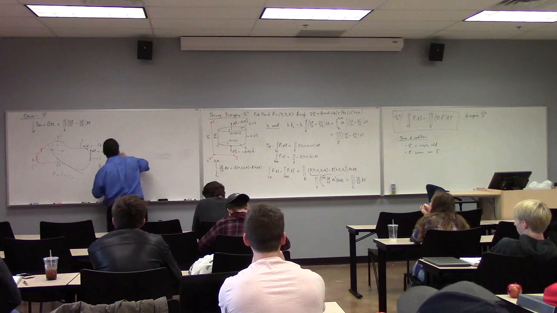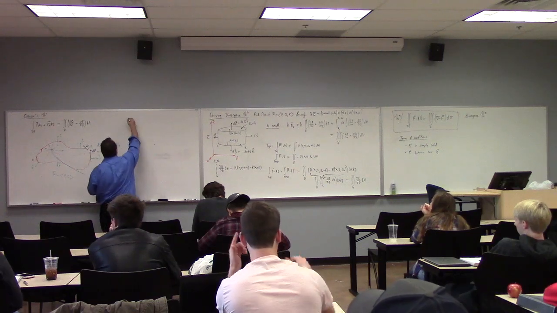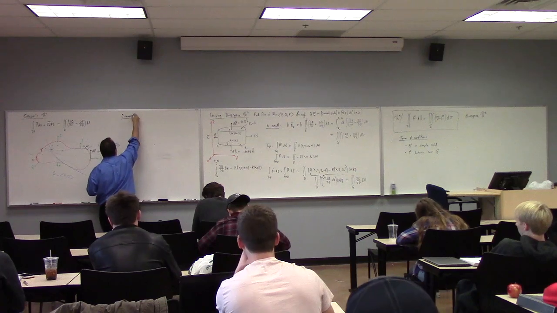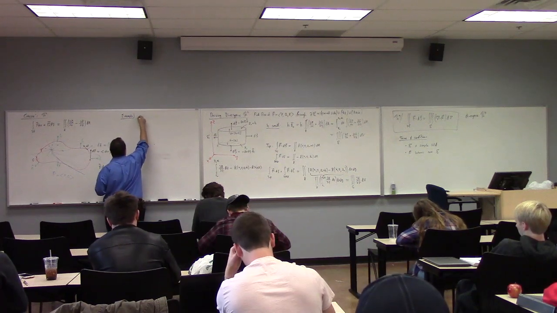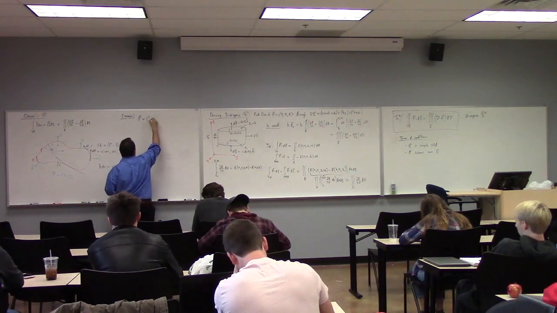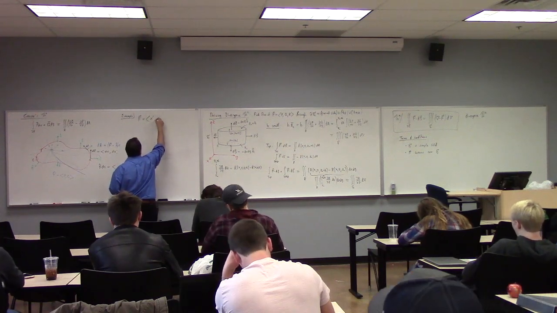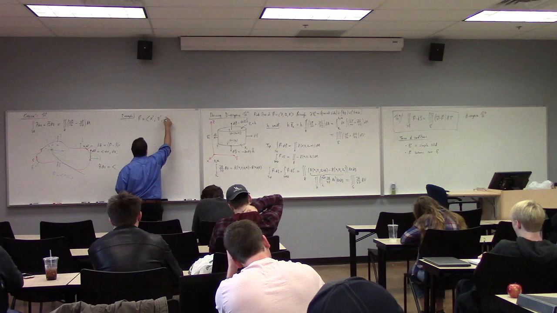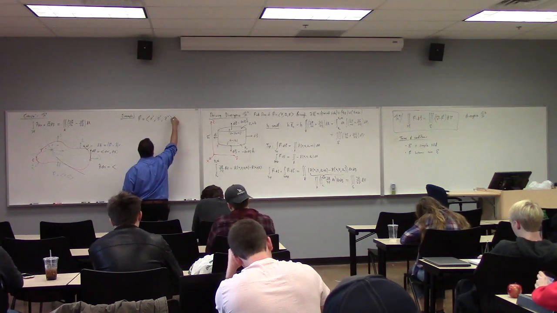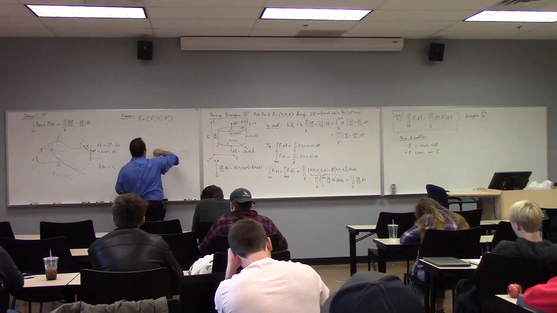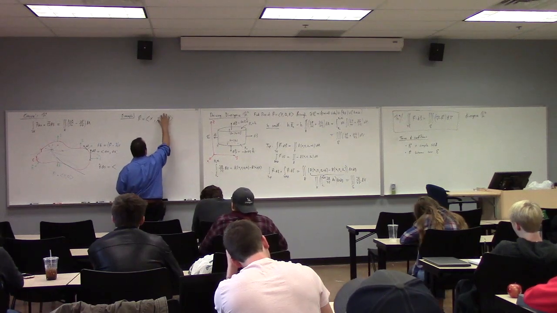Suppose we want to calculate the flux. We have a vector field F equal to, I don't know, x squared, y cubed, z to the 4th. I'm going to be lazier. x, y, z.